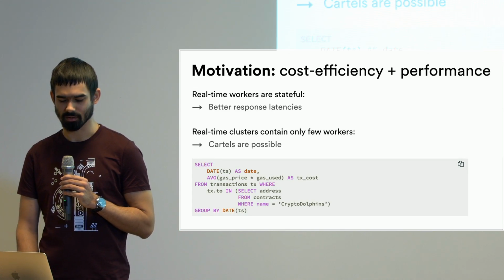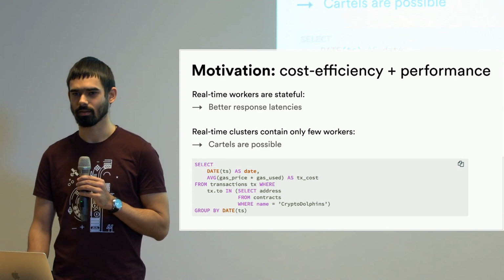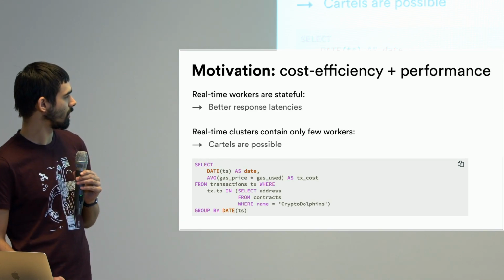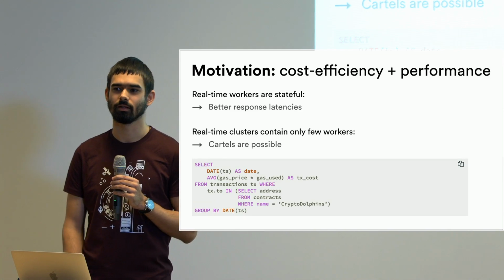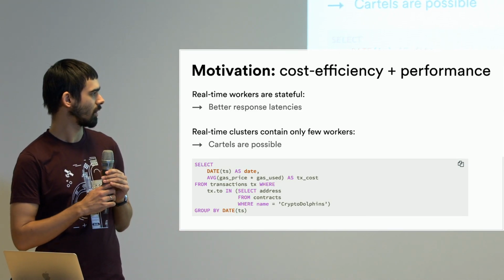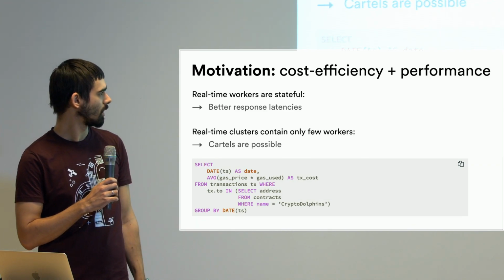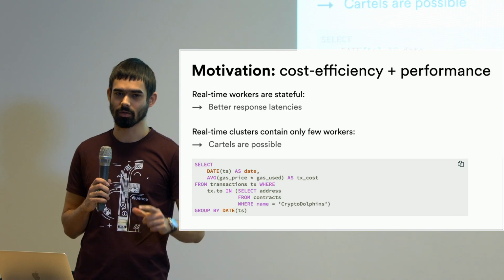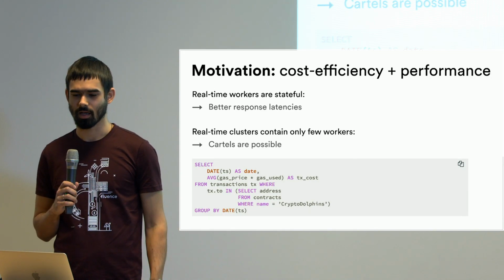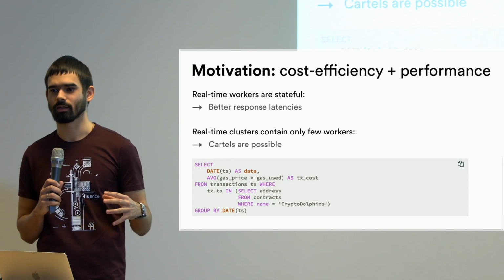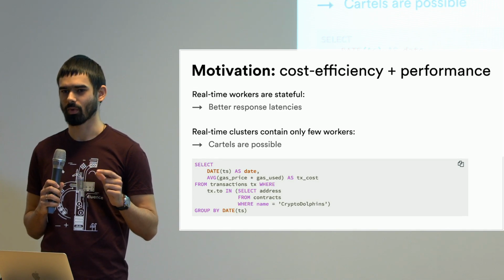So real-time workers are stateful, and this really helps with latencies. For example, let's assume that we want to build a decentralized SQL database which is going to perform a quite simple query like this. In this case, usually the information is organized in B-trees, in indexes. And to traverse a B-tree index, you have to fetch the tree nodes one by one.